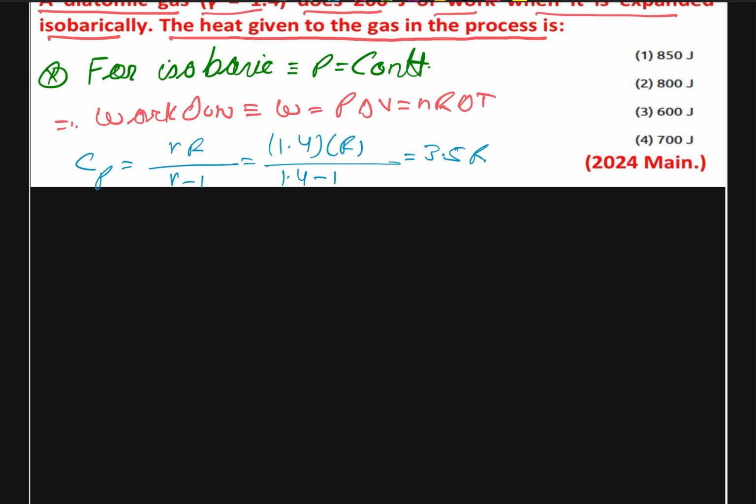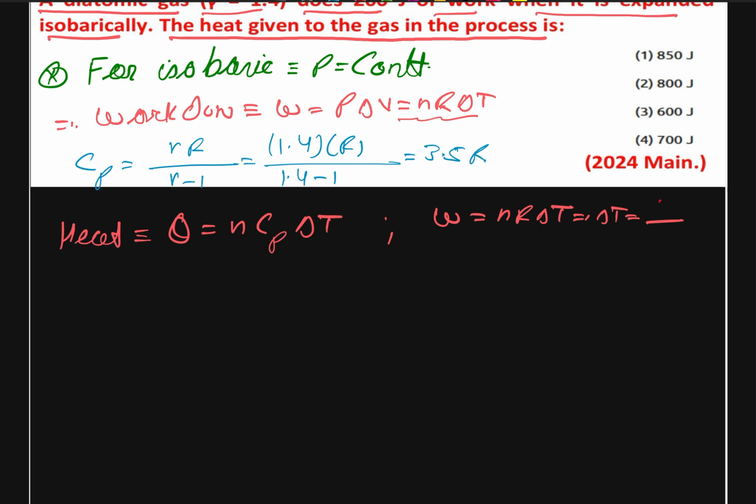Okay, so we need to solve this part also. Okay, let me write it here. Work done, I can say that my W is equal to nR times delta T. So from here I can say my delta T will be equal to W upon nR.